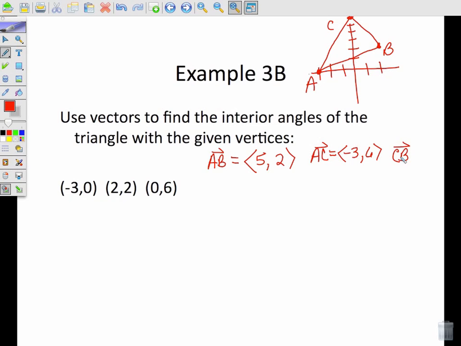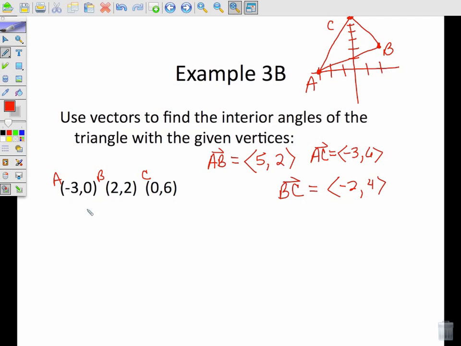And finally, let's go in a different order, from vector B to C. So from B to C, I'm subtracting, and that would be -2 and then 4.